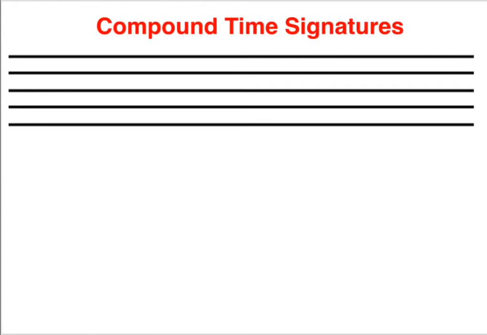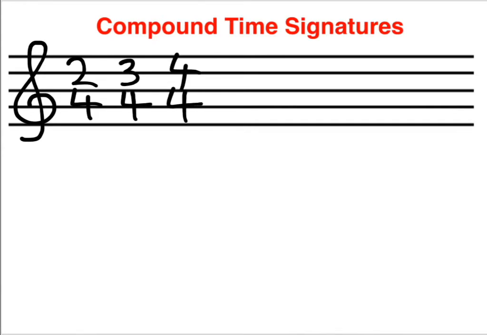For example, if we are in 2-4, 3-4, or 4-4, the bottom number in all three of those time signatures is 4, and that 4 equates to crotchets. You should already know that from the previous lesson.